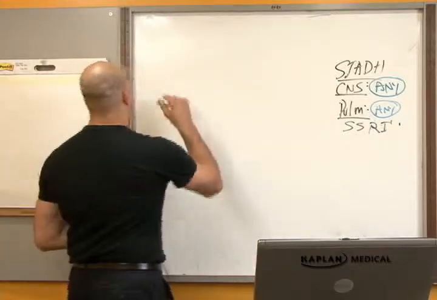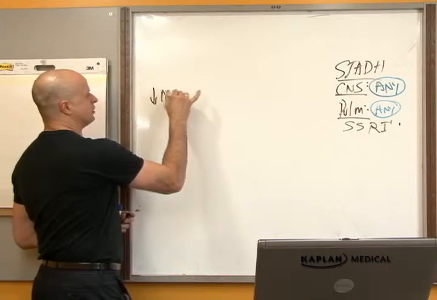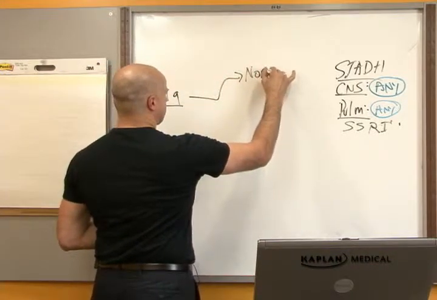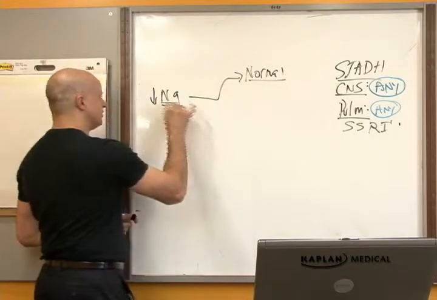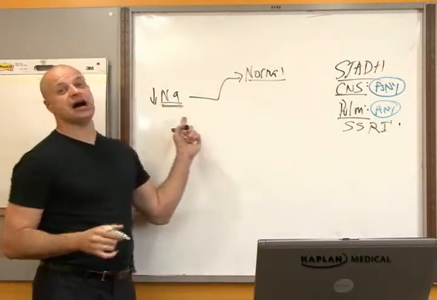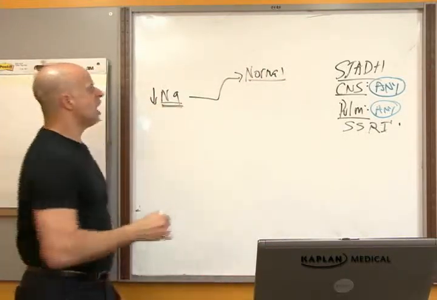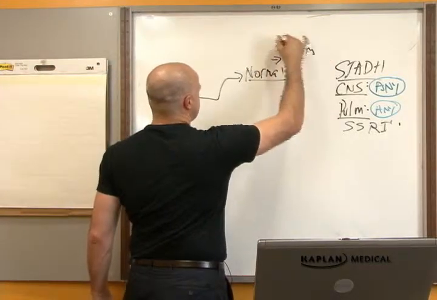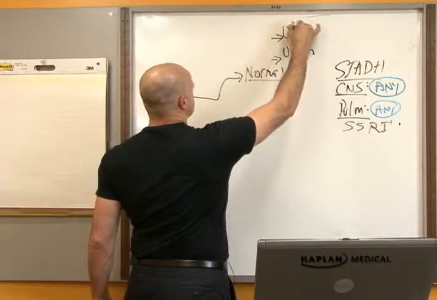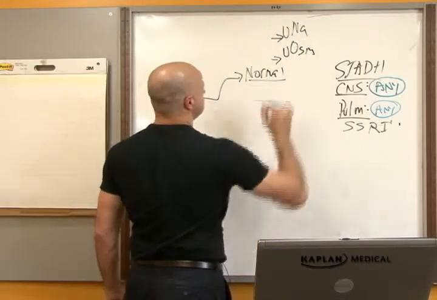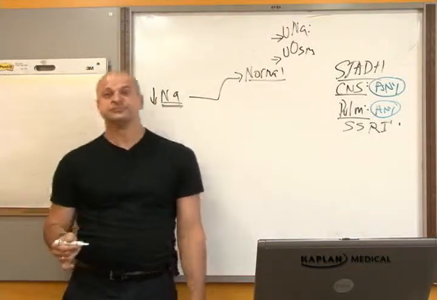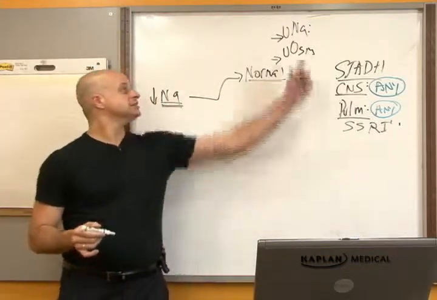Now, a normal person, if they had a low sodium, that automatically means a low osmolality. What type of urine sodium should a normal person make if they have a low serum sodium? High or low?